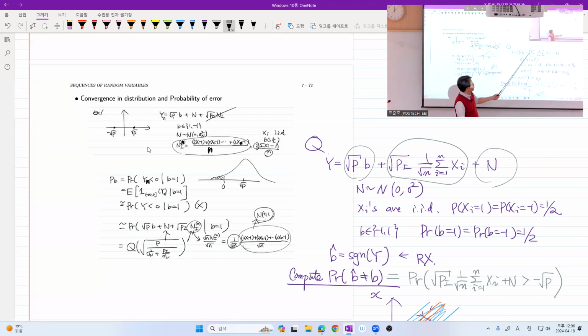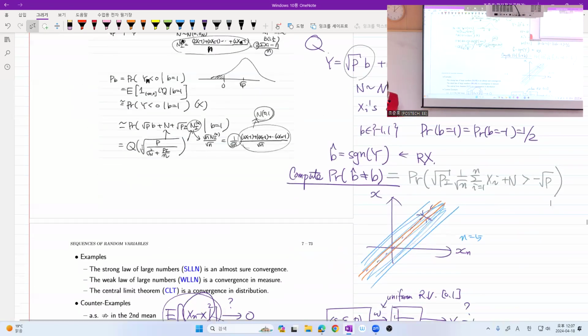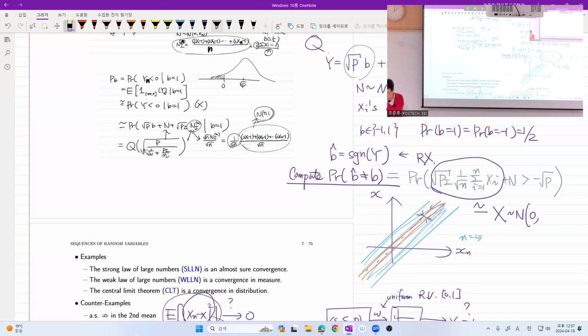So instead of using the exact probability distribution to find this probability, you want to just claim that this is approximately equal to a Gaussian random variable x that has mean 0 and variance P sub I. If you compute the variance of this sum of random variables, because we have square root n, the variance has 1 over n, and we have n terms times the variance of this one, which is 1. So our variance is just P sub I, right?